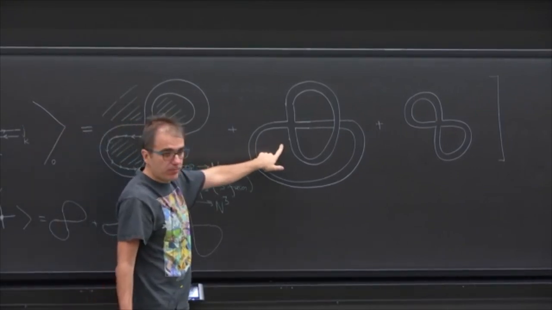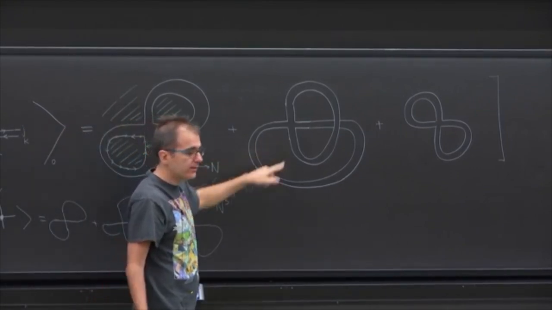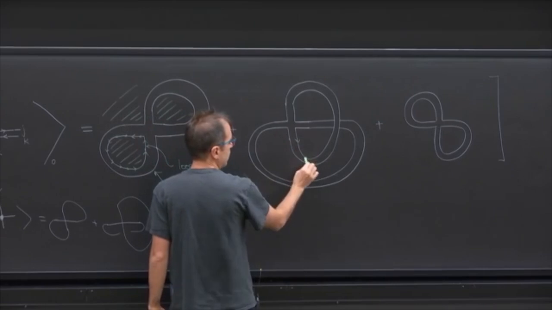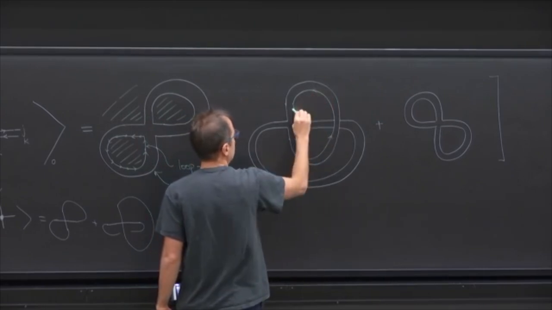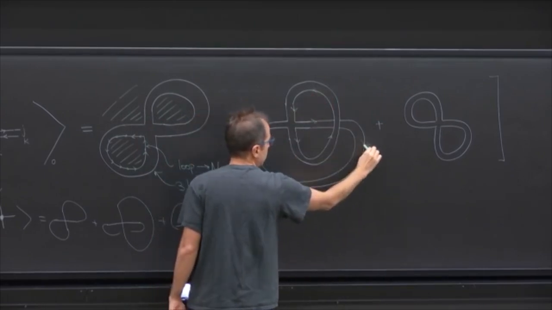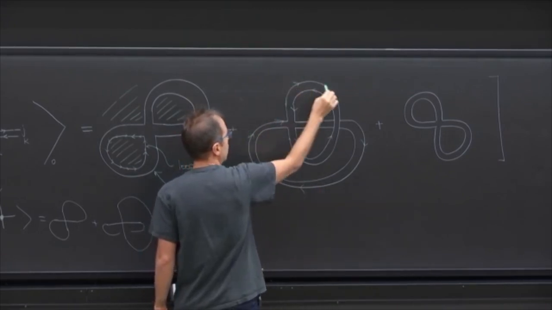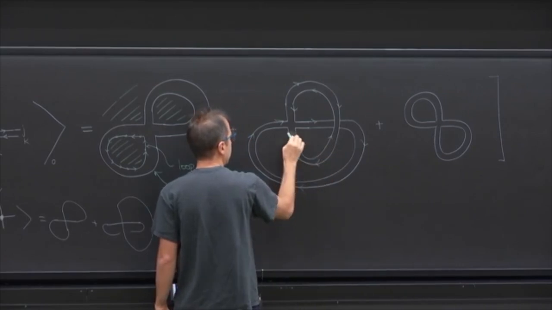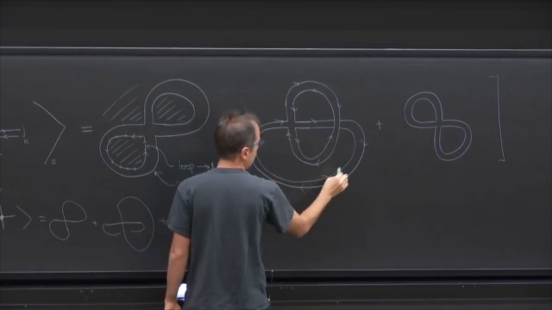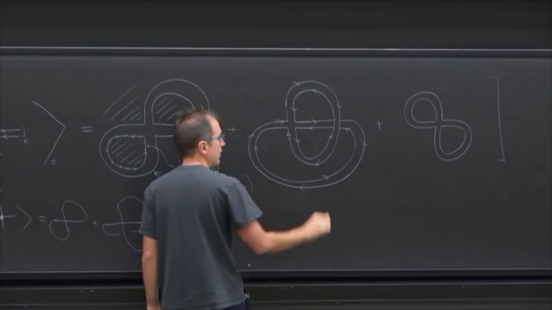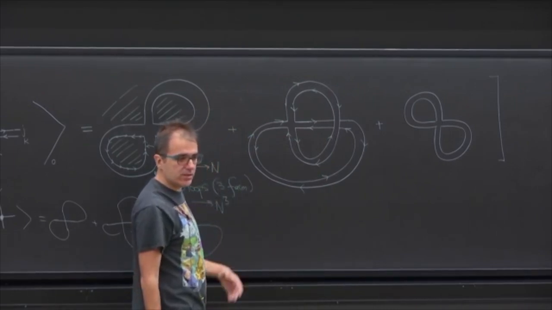What about here? Let's see how many loops we have. Let's follow the lines. If I start here, I go here, I continue here, and I came back. Right? So all in all, a single loop.